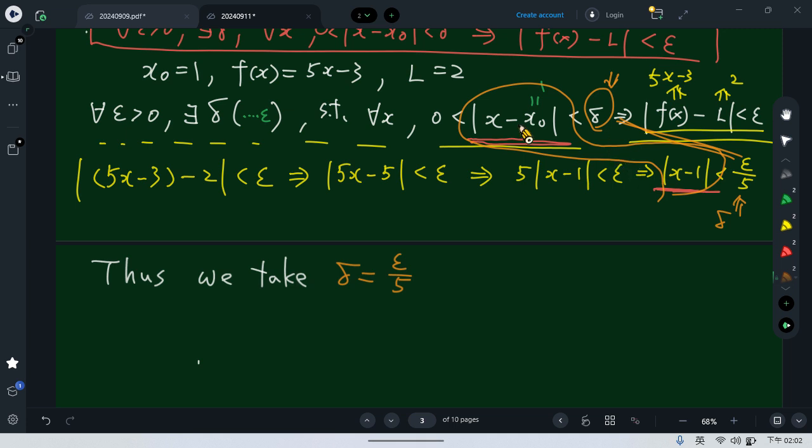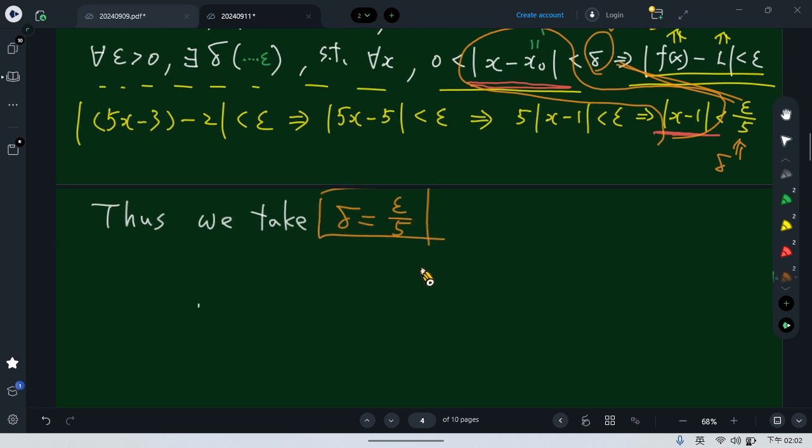Then right now we have an answer for the relationship between epsilon and delta. So let's write it again. For any positive epsilon, I can find a delta. This time I already know the delta should be epsilon over 5.